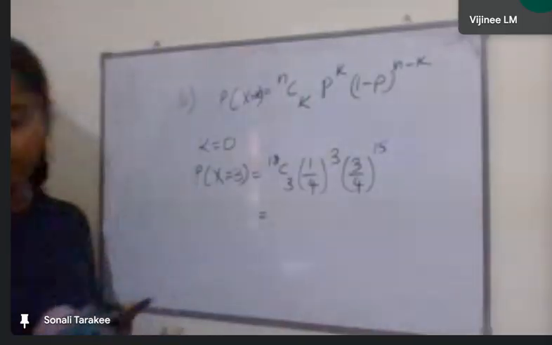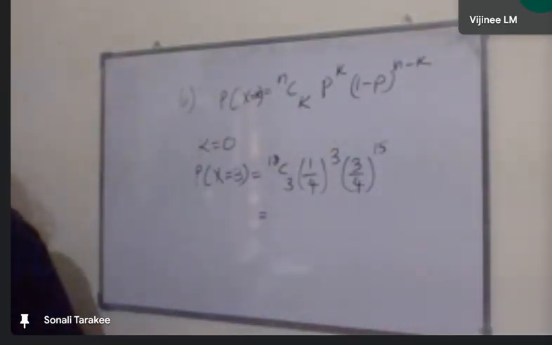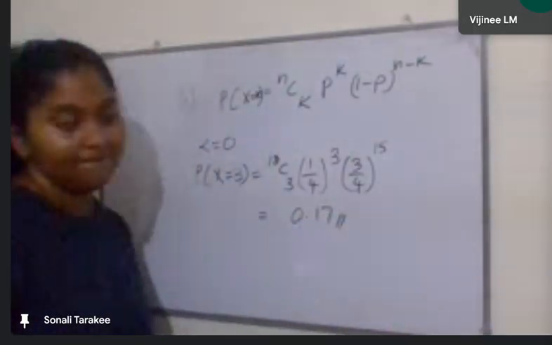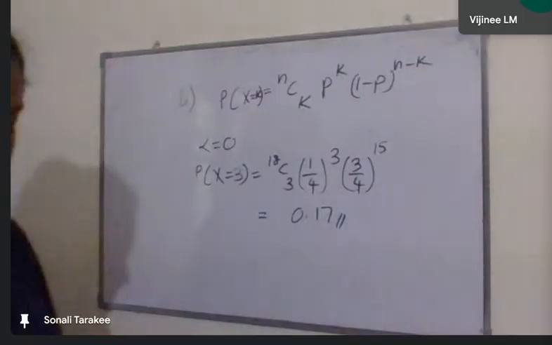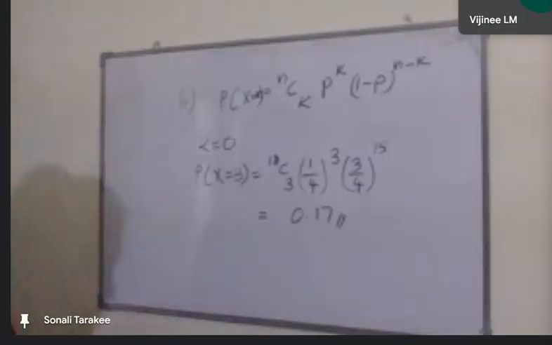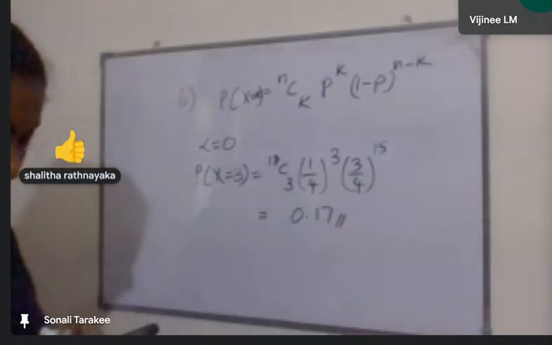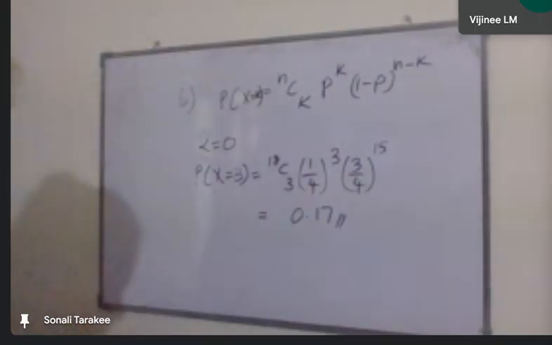So once you solve this one, you get an answer of 0.17. Okay. Is my answer valid here? What is the next one? What is the most likely number of correct answers that he gets right?